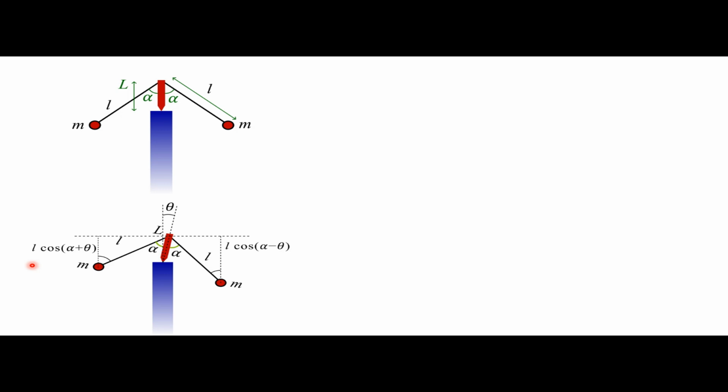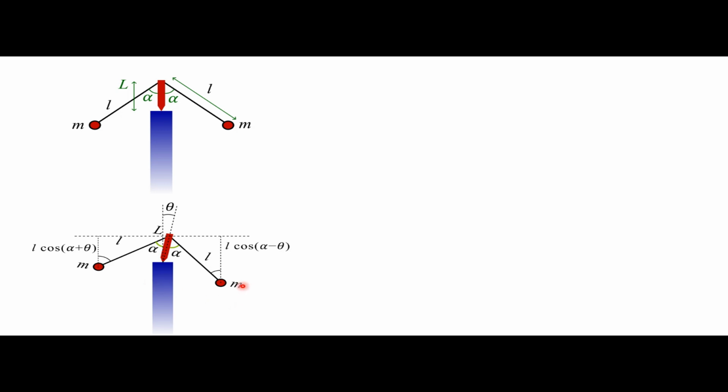We want to evaluate the potential energy of the structure. So for that, let us take the zero of the gravitational potential energy at the pivot point. So we require the height of the mass with respect to our reference point. For the left side mass, this height is going to be L cos theta minus l cos alpha plus theta.